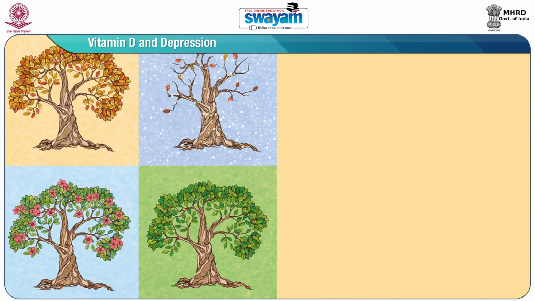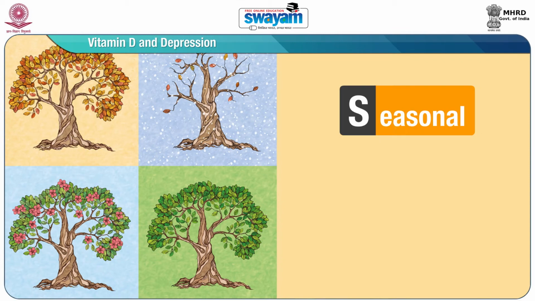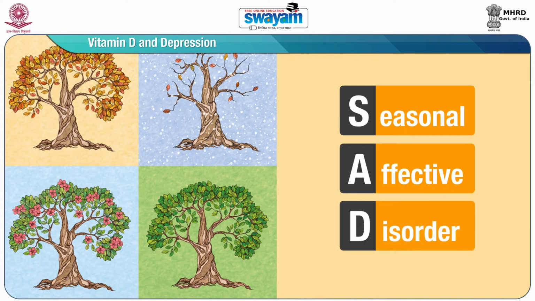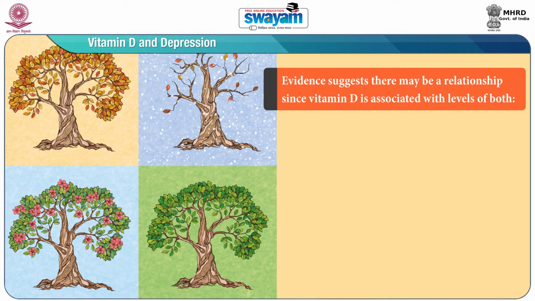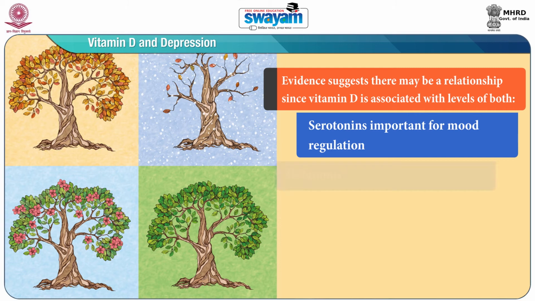Now, role of vitamin D in depression. Seasonal affective disorder is a mood disorder which is caused by seasonal drop in exposure to sunlight. Evidence suggests that there may be a relationship, since vitamin D is associated with levels of both serotonin, important for mood regulation, and melatonin.